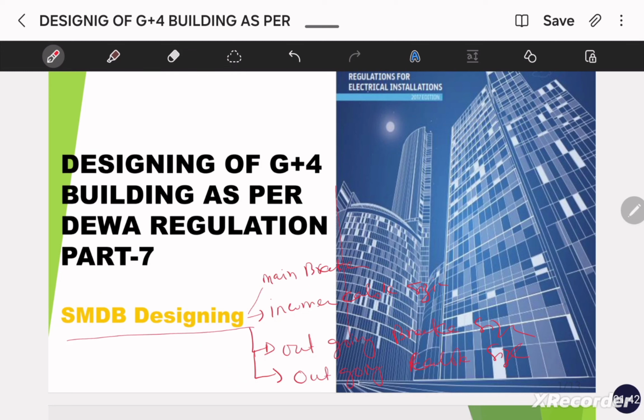So our focus will be to know how to calculate the main breaker size for SMDB, the main incomer cable size, the outgoing breaker size, and the outgoing cable for the SMDB. Apart from that, we will try to prepare one load schedule for SMDB as per DEWA regulation.